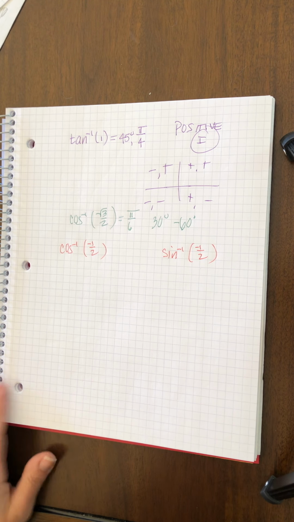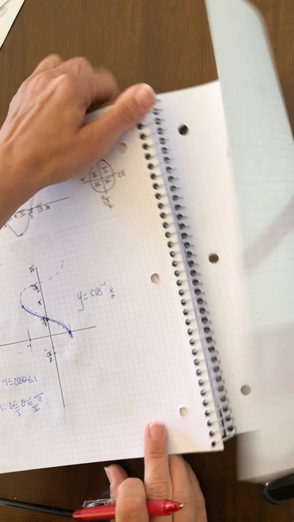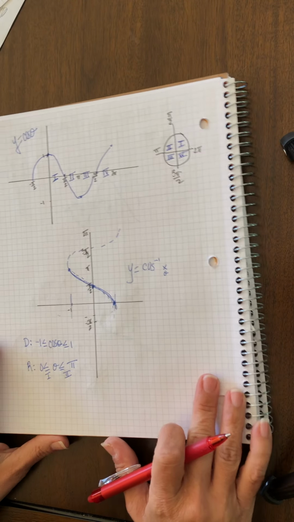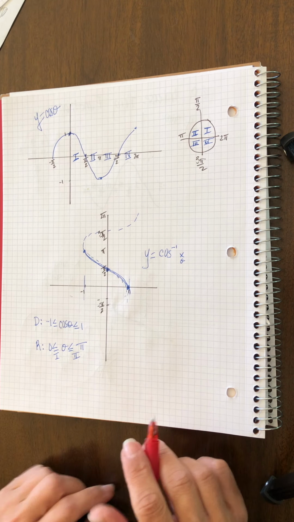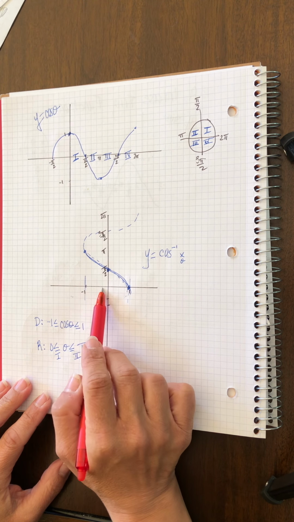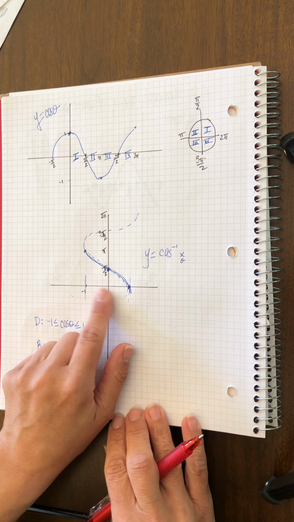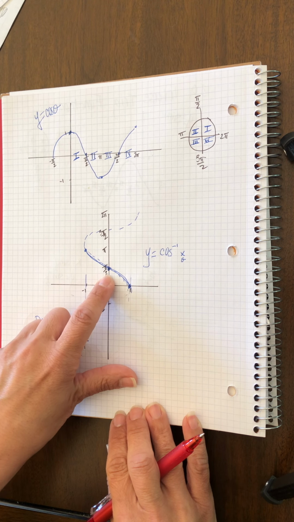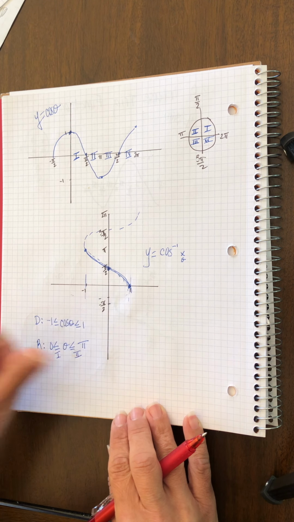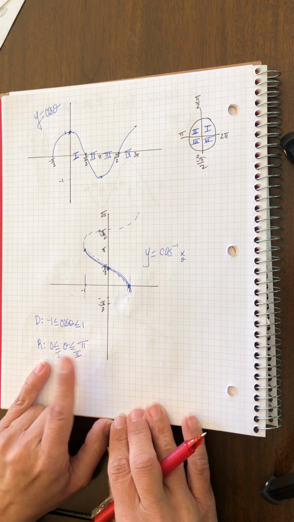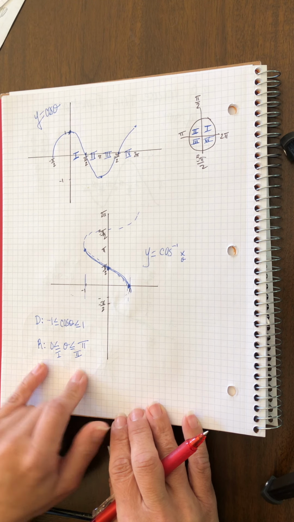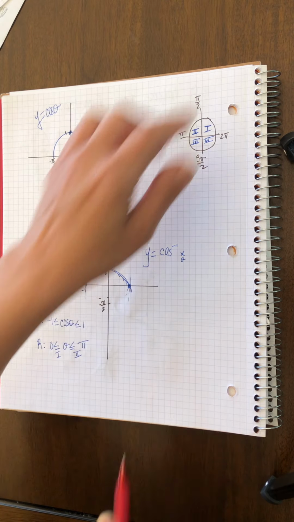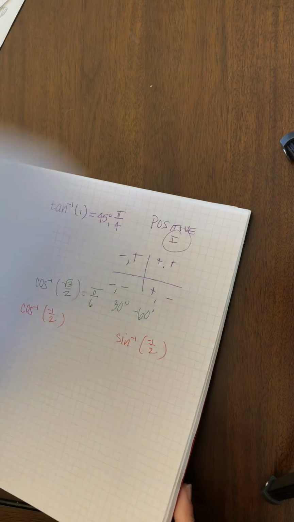Okay, this goes back to your domain and range. So sorry, I'm going to flip my notebook here, take us back. Okay, I am giving you a negative cosine. Agreed? Cosine is negative right here. That equates to an angle between pi over 2 and pi. So in this case, that's going to be quadrant 2.